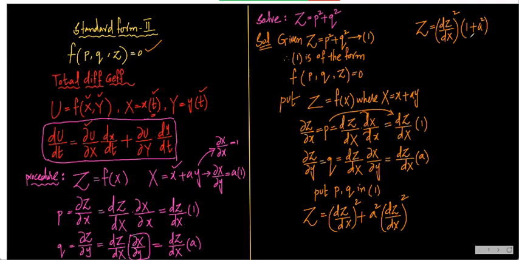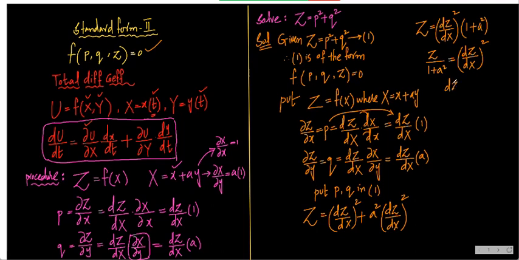So to cancel these two means square, what we have to do? Can I write this step like that? Z by 1 plus a square is equals to dz by dx whole square.